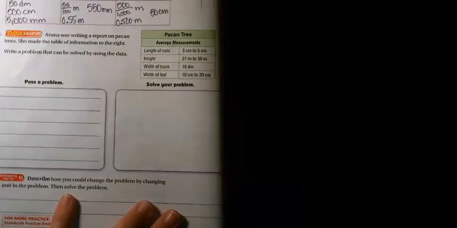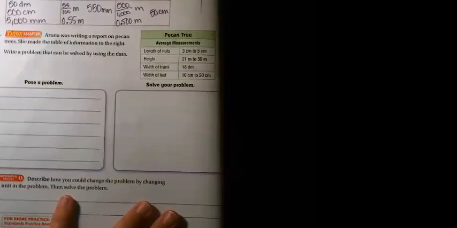So as we look at our chart, I want to find a measurement that I can change to at least two other types of metric units. So the first one I see is a centimeter. Okay, so a centimeter can be changed to millimeters by multiplying by 10.